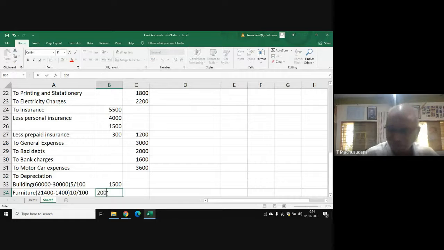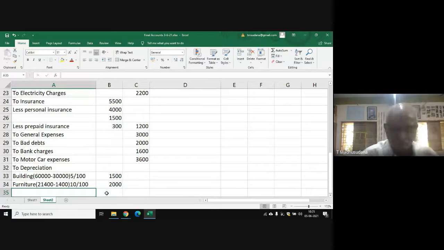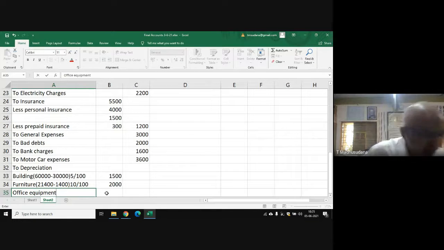Next, depreciation on office equipment. For this also there is an adjustment. You see adjustment 1C, office equipment by 15%.